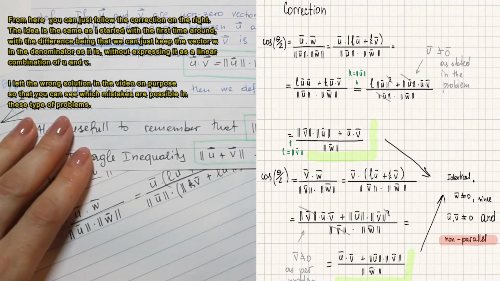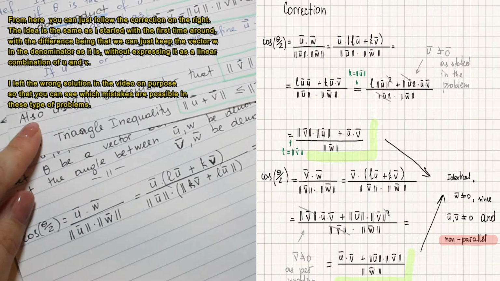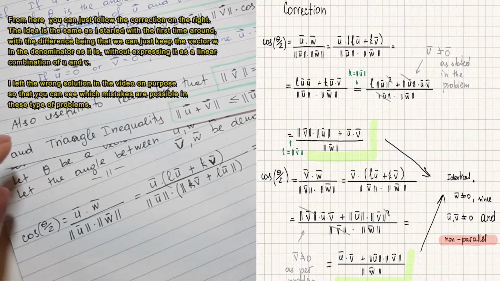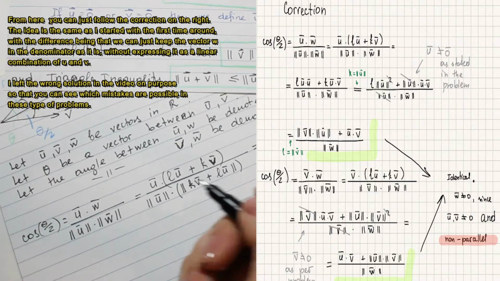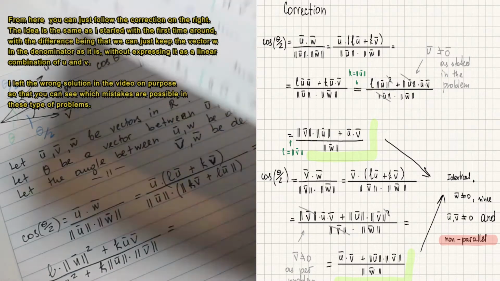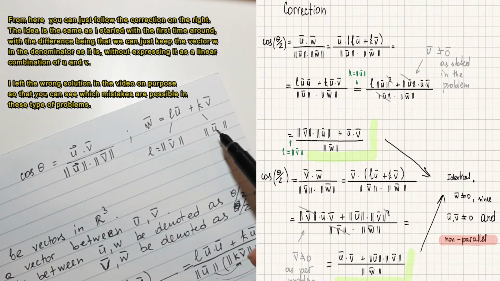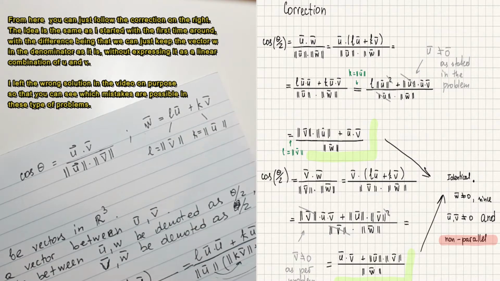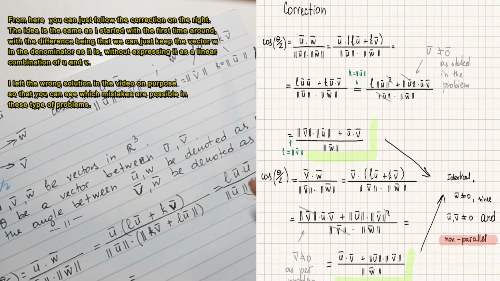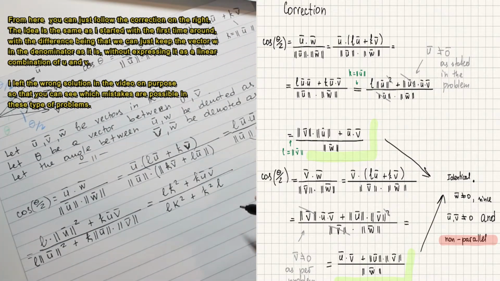And we can also use this fact to simplify the numerator a little bit. Let's use the fact that K and L are actually these here, and replace all the norms with K and L and see what we get.